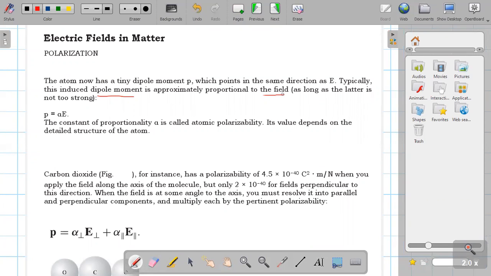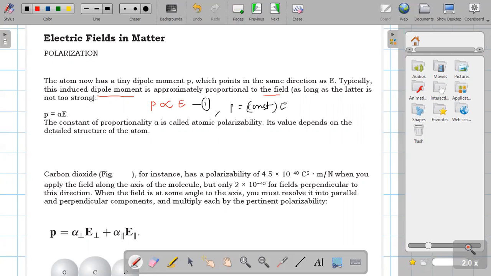The important word is field. Therefore, we can write P is directly proportional to E. Suppose this is your equation number 1, and neglecting the proportionality sign, we can write P is equal to constant into E.